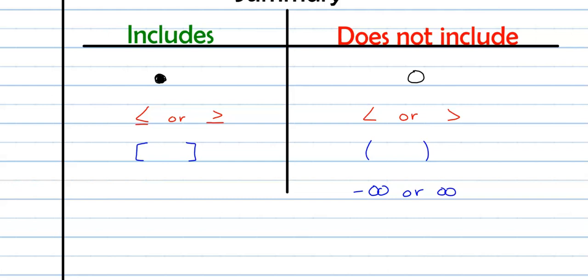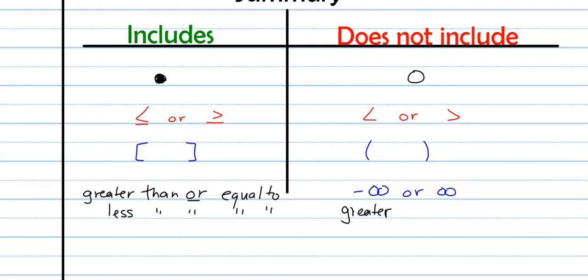And then in words, you're looking for greater than or equal to or less than or equal to. And then for the does not include, that's just your strictly greater than or less than. Okay, so hopefully that makes sense.